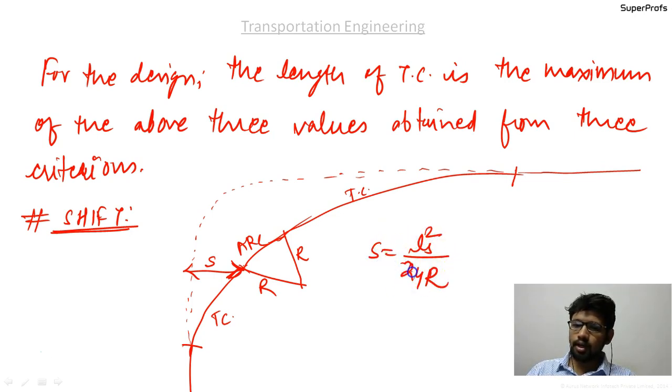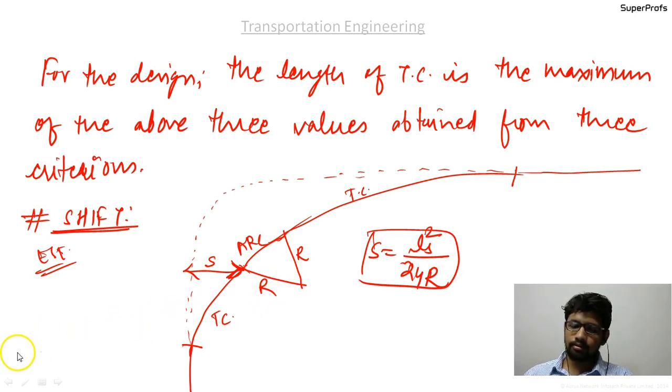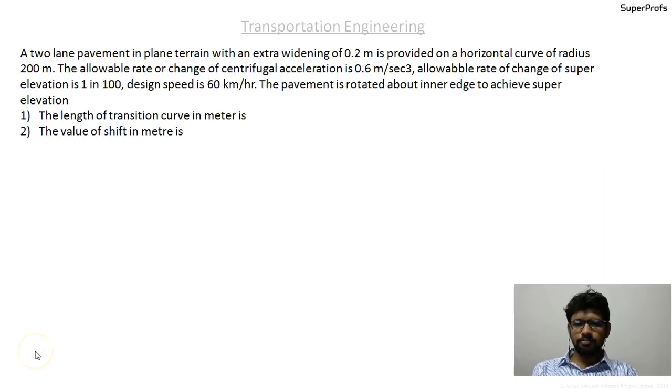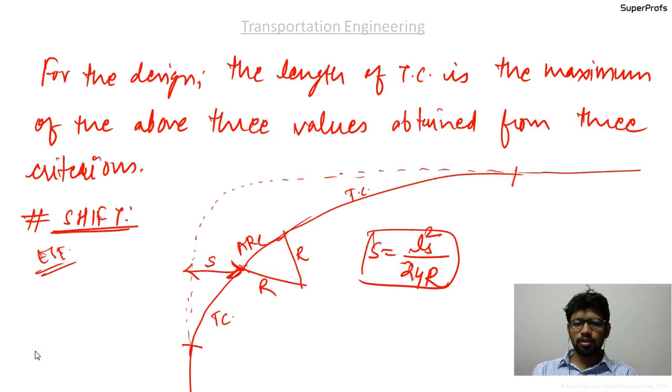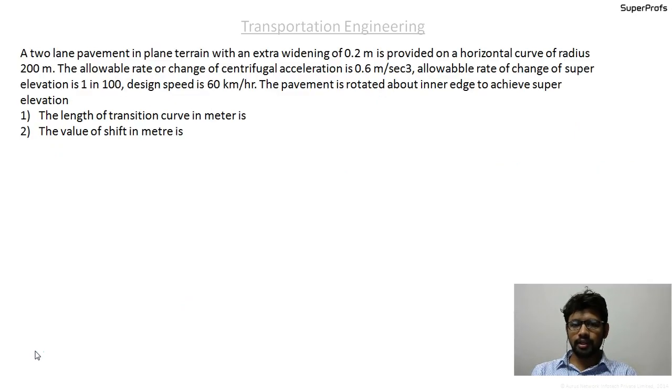It is usually asked for IES exams, that is ESCs. All of the symbols have the usual meanings. We will now take up some numerical examples based on the transition curves, so the things will get clearer to you.